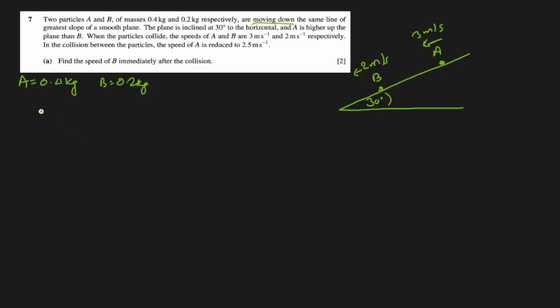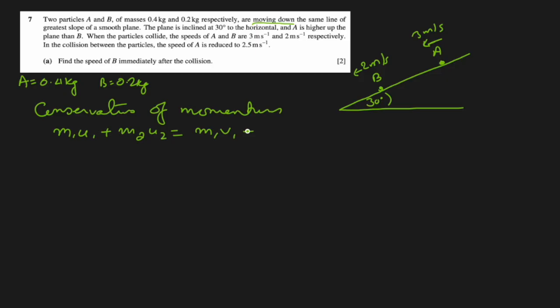So we'll use the conservation of momentum, which says m1 u1 plus m2 u2 is equal to m1 v1 plus m2 v2. Let's say A is mass 1.